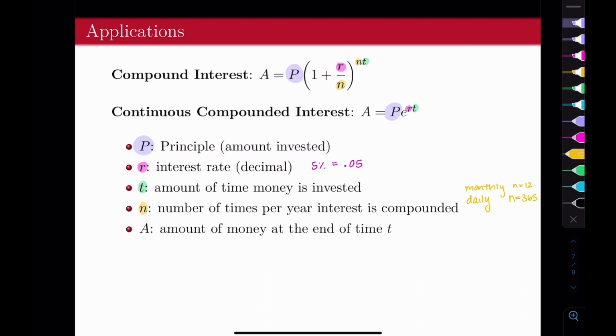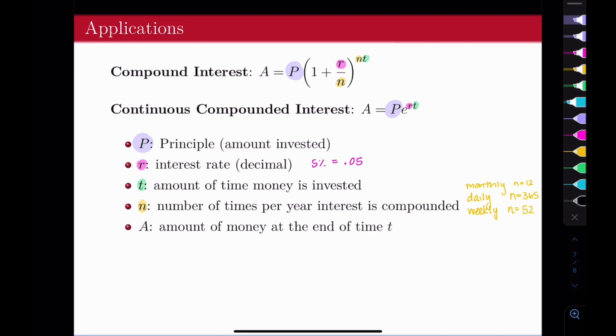If you have weekly, there are 52 weeks in the year, so your value of N is 52. Okay. And then last but not least, the value of A is just the amount in your account. Okay. This value of E, remember E is just a number, it is that base, it's about 2.718. So you have that button in your calculator.